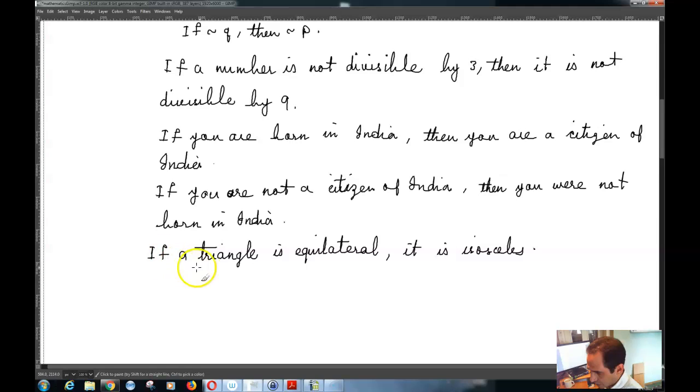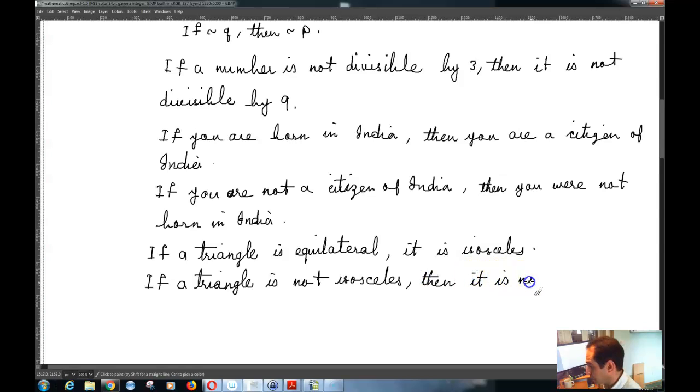So then you can say that if a triangle is not isosceles, then it's not equilateral.